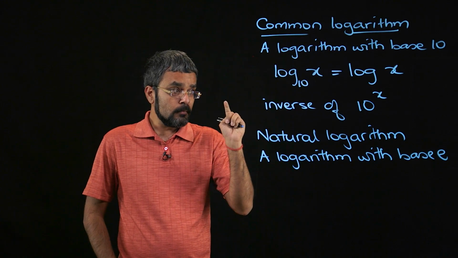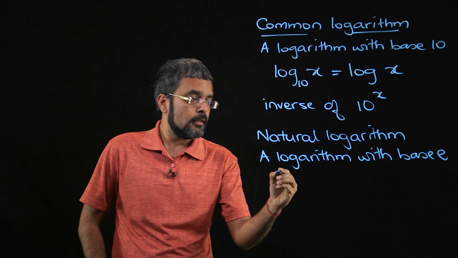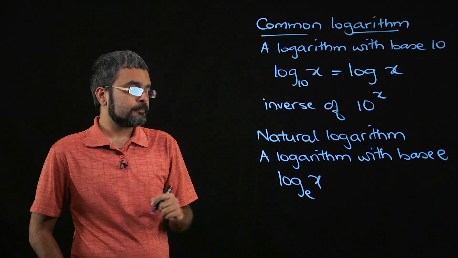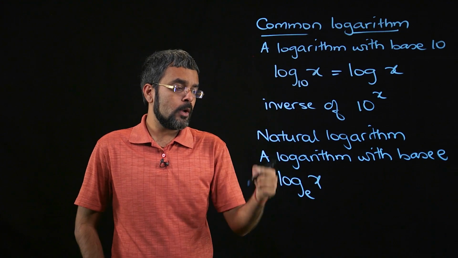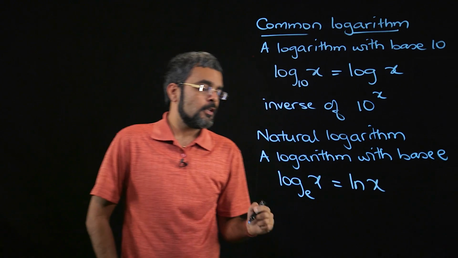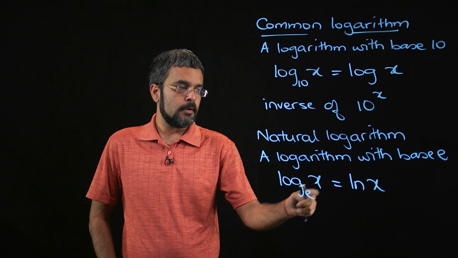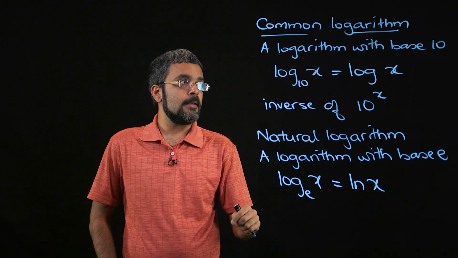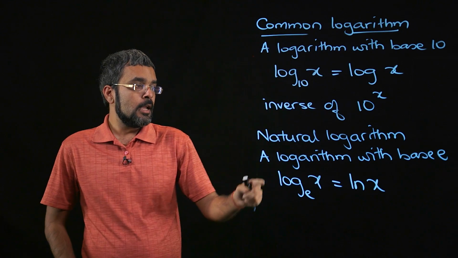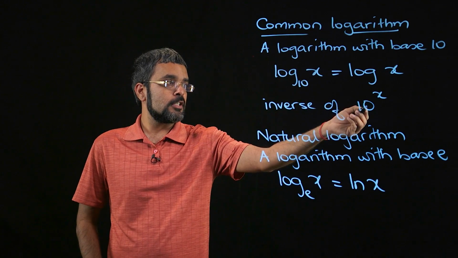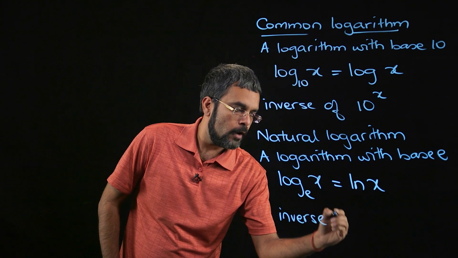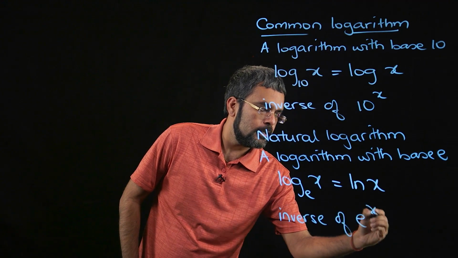If I have a base e, then that is my natural logarithm, and we tend to write this as ln of x. So ln of x has base e; it is the same as log of x to the base e. Again, remember, if I don't mention a base, it assumes the base is 10. Just as the common log is the inverse of the function 10 to the x, this is the inverse of the function e to the x.